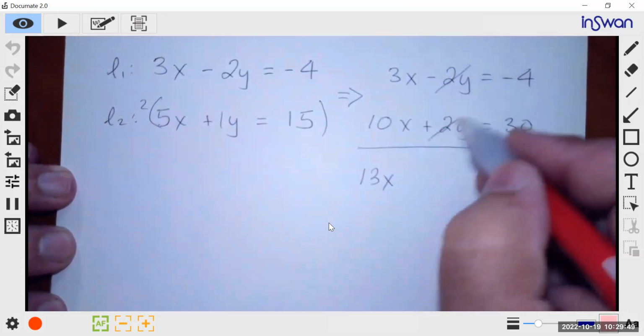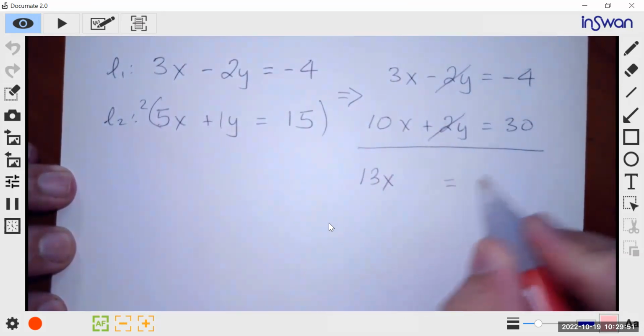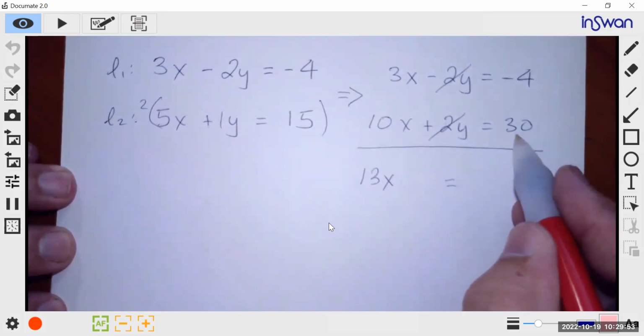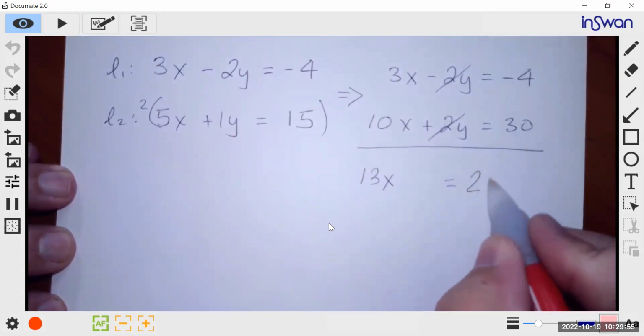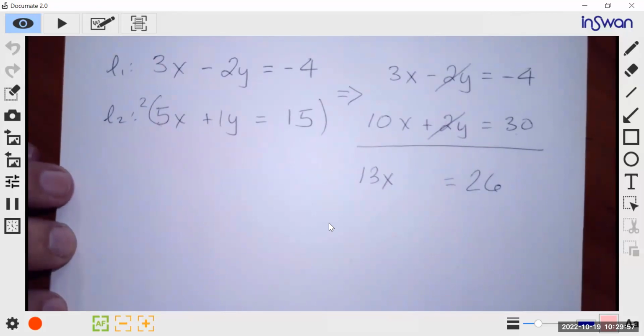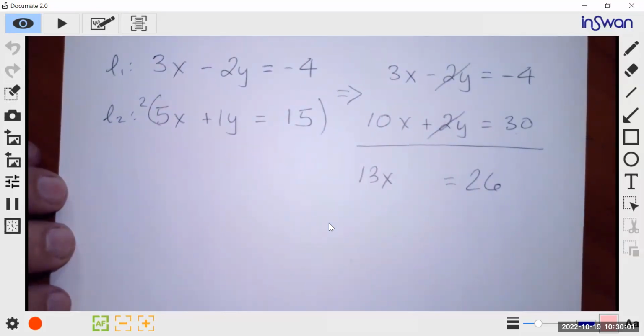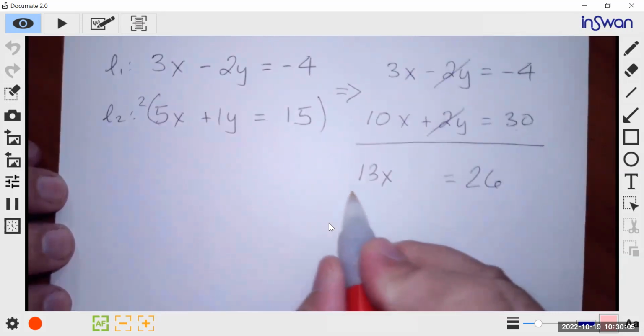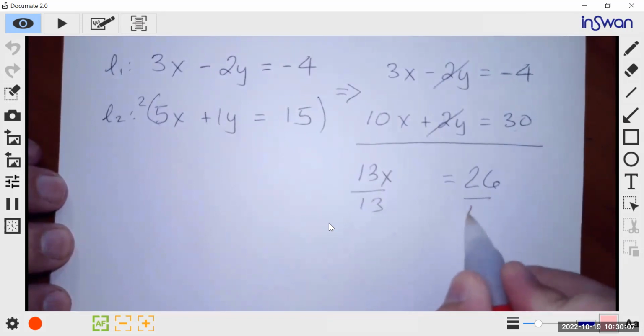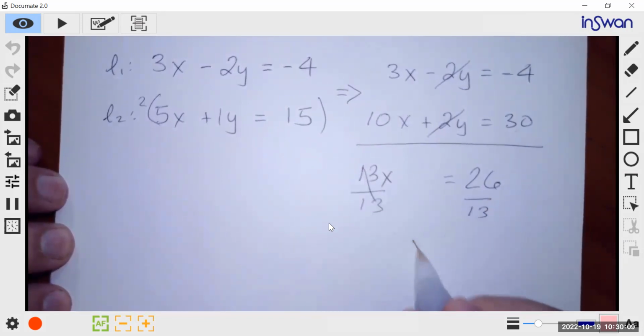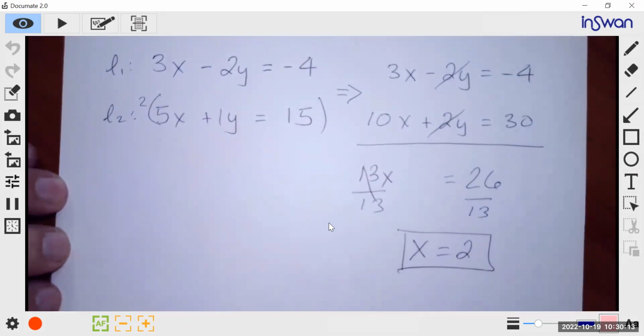The negative 2y, positive 2y cancel. 30 minus 4 is 26. Then we divide by 13, both sides. So x is equal to 2. That's our x component of our answer.